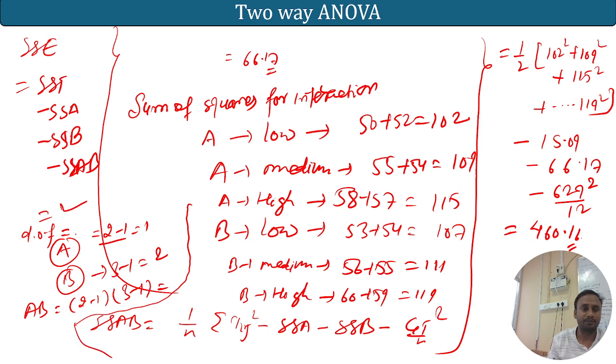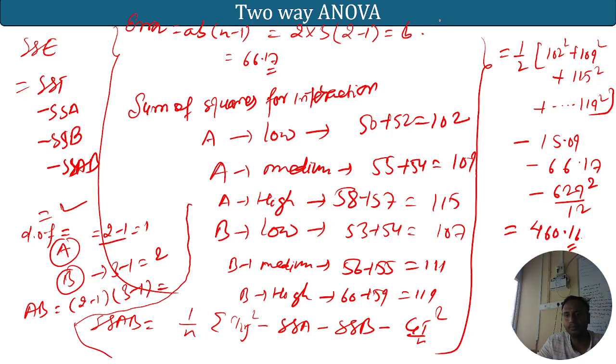Then what about the error? It is AB into n minus 1, so 3 into 2 into, it becomes 6.